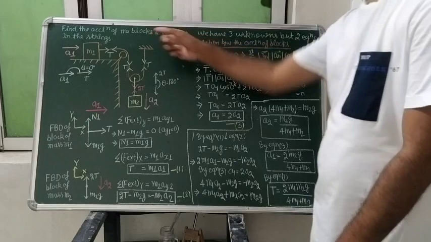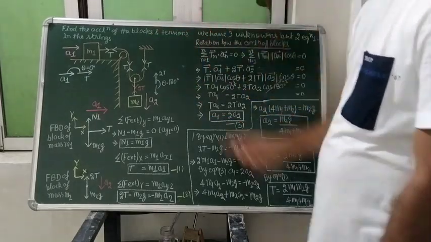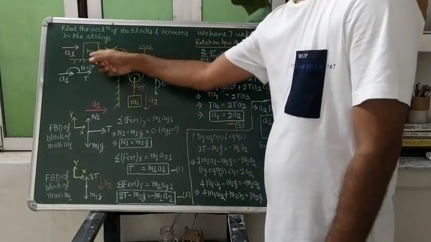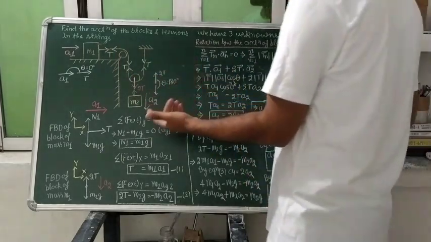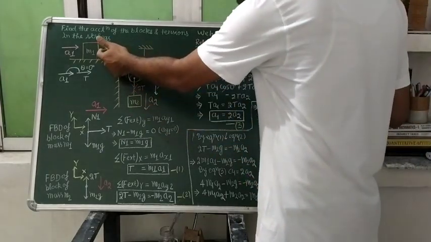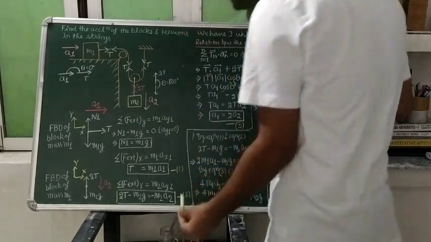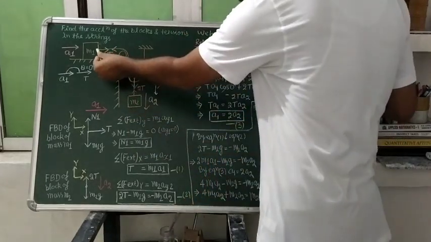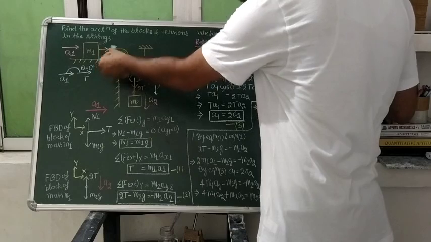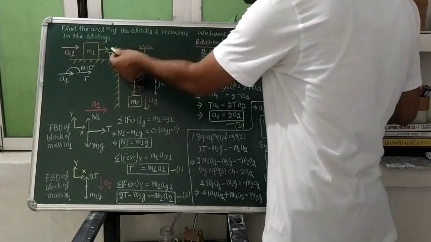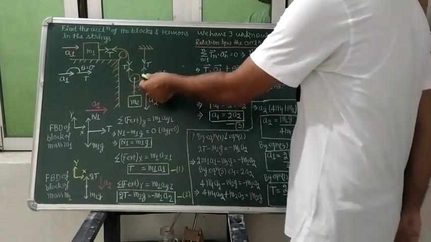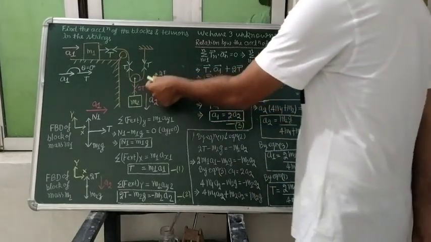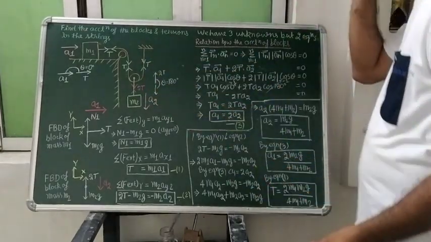Here we had a problem where one block of mass m1 was resting on this surface, and there was one string attached to this mass m1. One end of that string was attached to this mass m1, going over a pulley which was fixed, and again going to the other pulley which is a moving pulley, and the other end is connected to the ceiling.